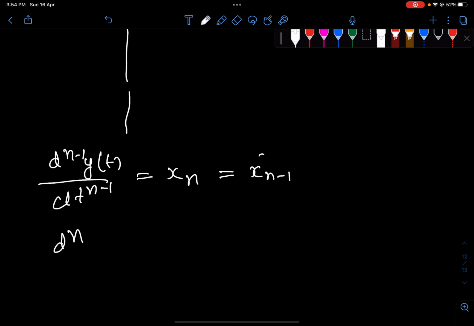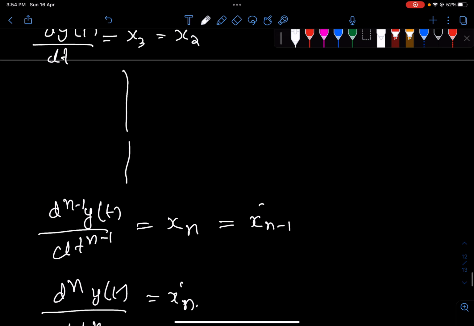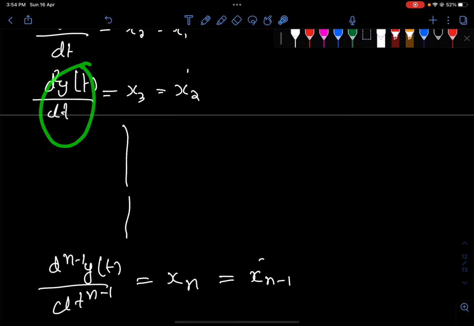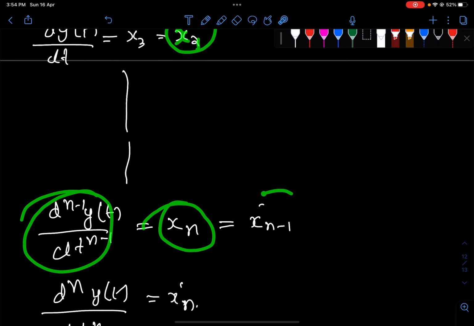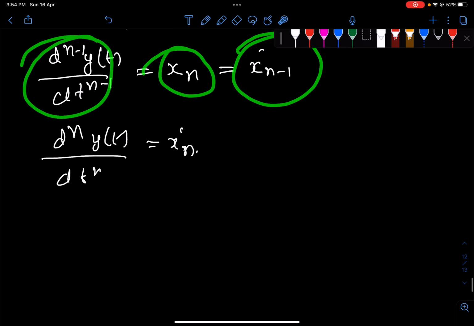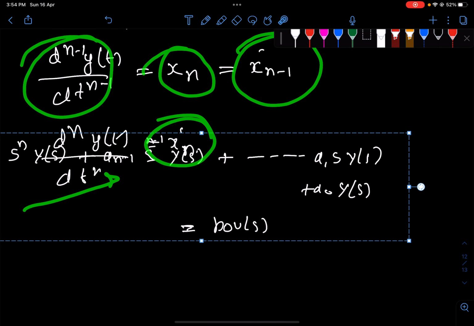So the nth derivative will be what? xn dot, right? This is our concept, because here look, for the second derivative the variable is x3, so 2 plus 1, and the derivative is x2 dot. So for the n minus 1 derivative it will be xn and xn minus 1 dot, and for the nth derivative it will be xn dot.